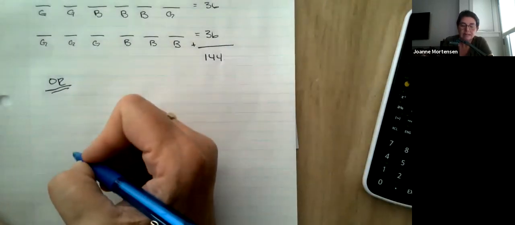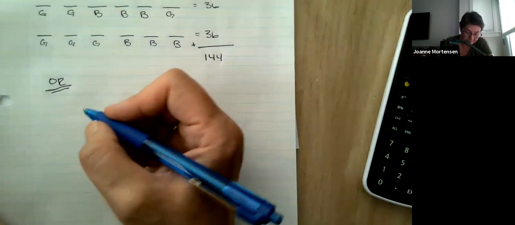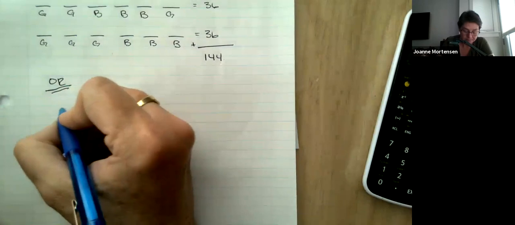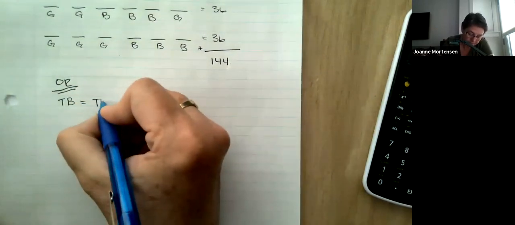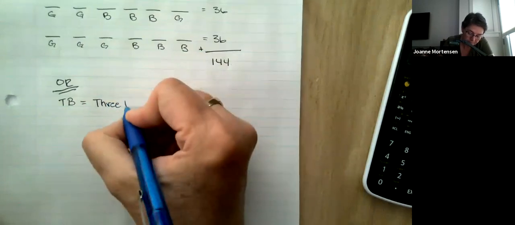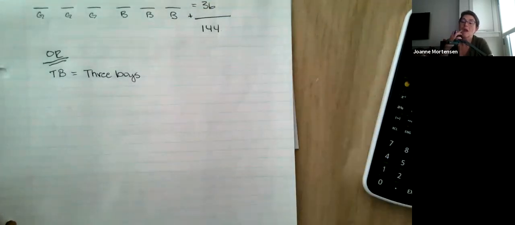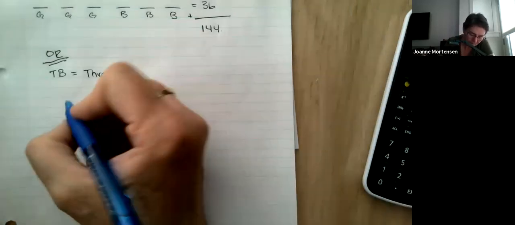What we're going to do is we're going to take those 3 boys and we're just going to call them TB. And instead of writing it out, I'm sure this is going to save us any time, but let's try.